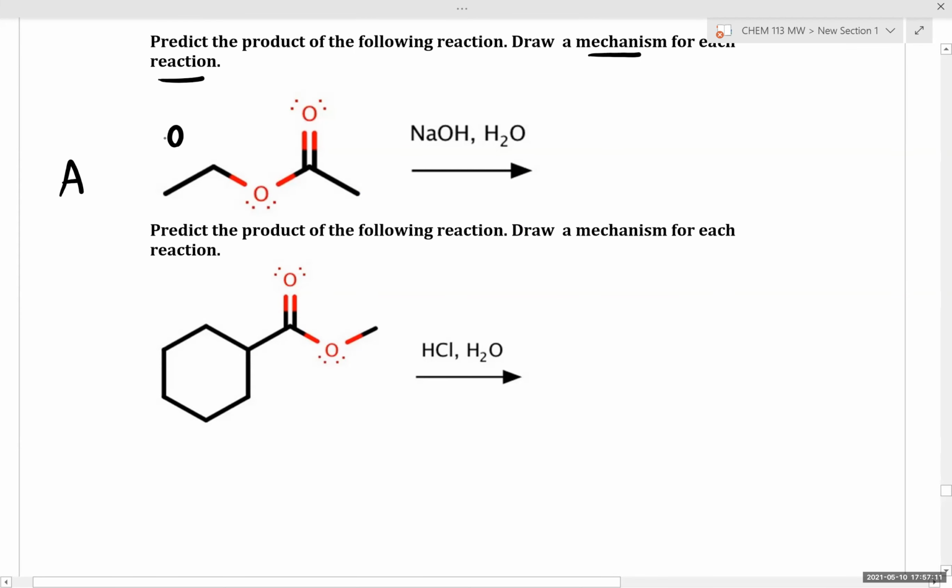So as the class noted, the first step in this mechanism, if we're looking at basic hydrolysis, is our nucleophile will attack our electrophilic carbonyl carbon, and that gives us a tetrahedral intermediate.